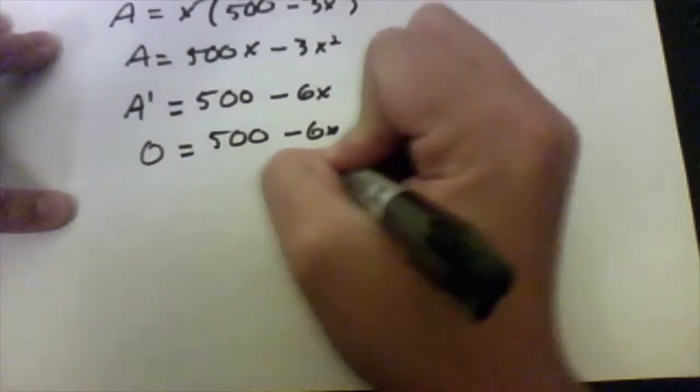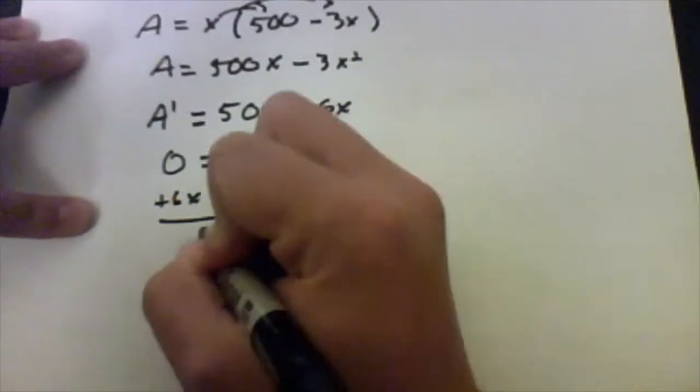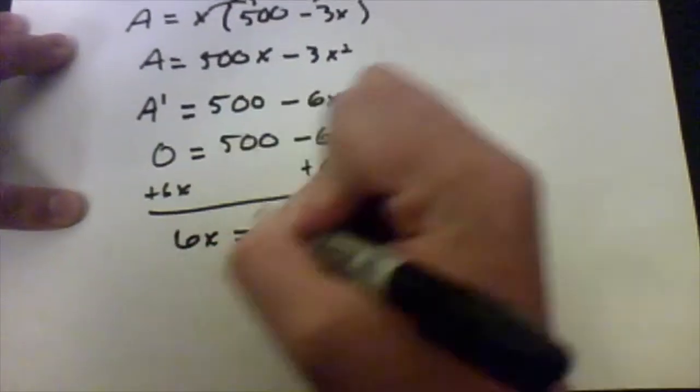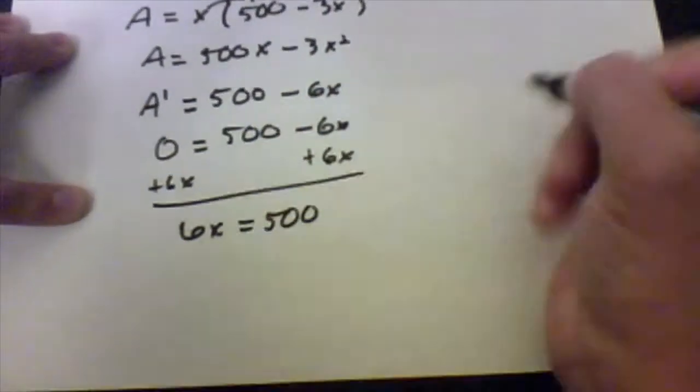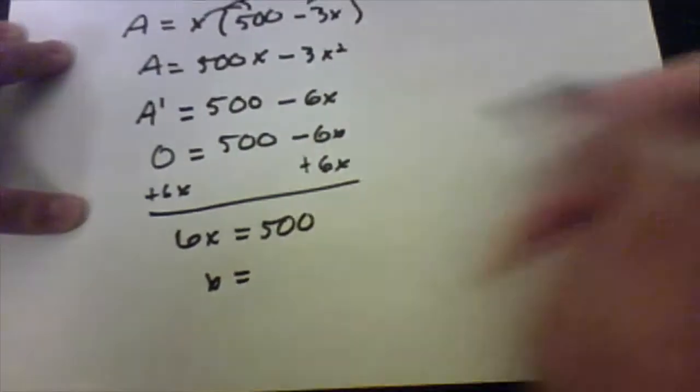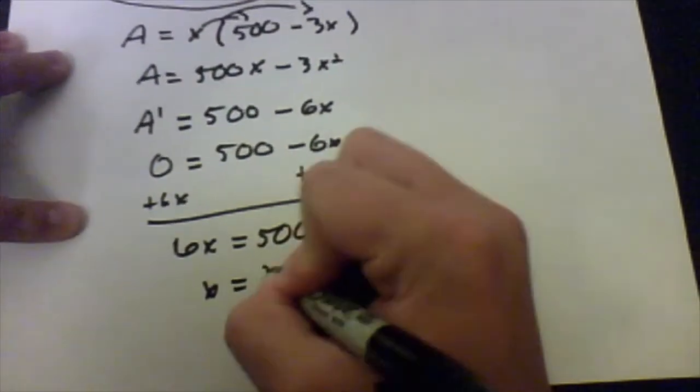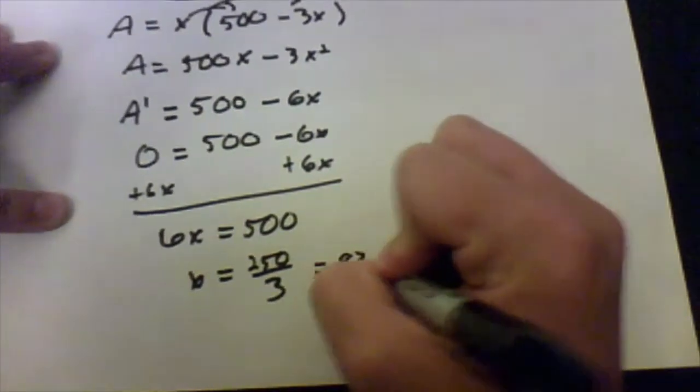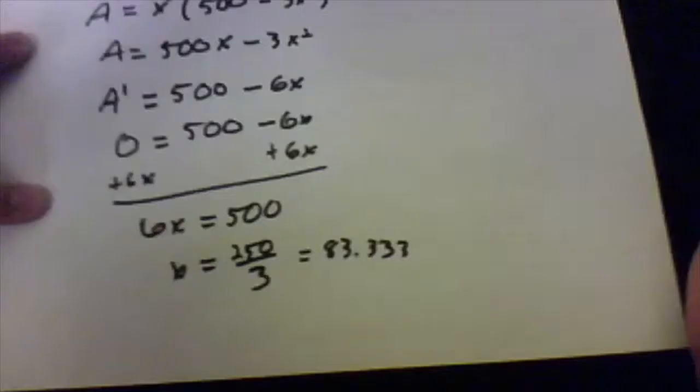Getting 0 is equal to 500 minus 6x, add 6x to both sides, to get 6x is equal to 500, making x equal to 250 over 3, which is also equal to 83.333.